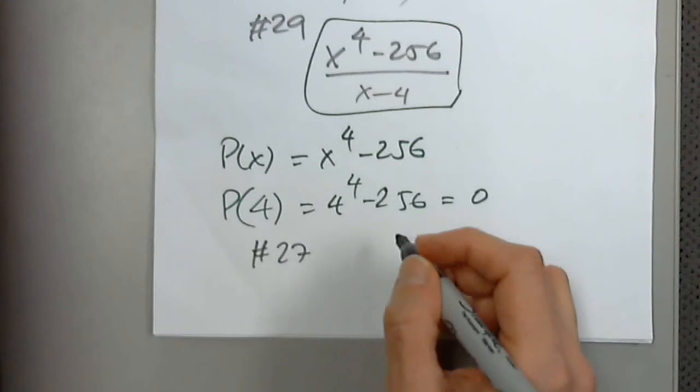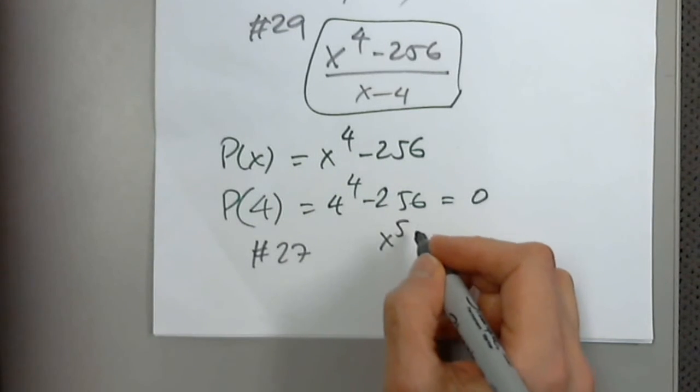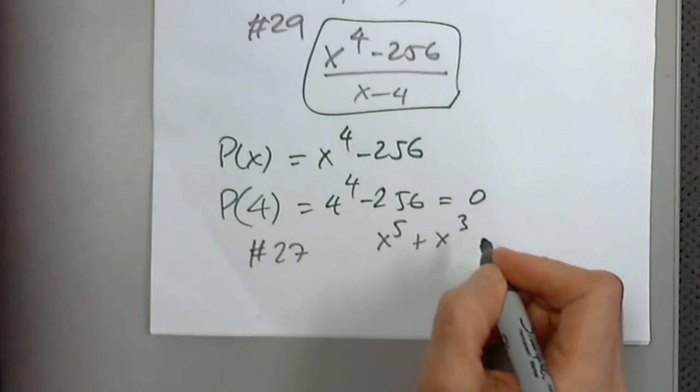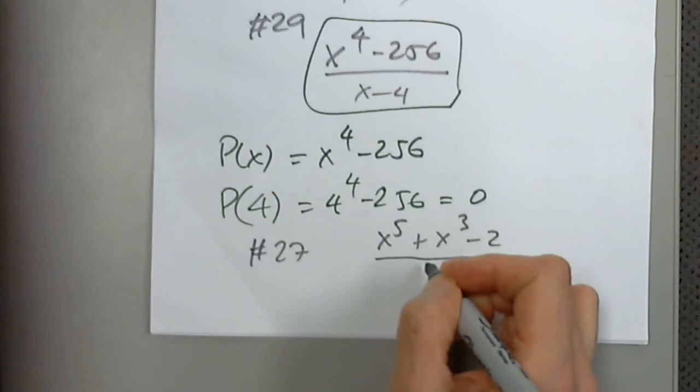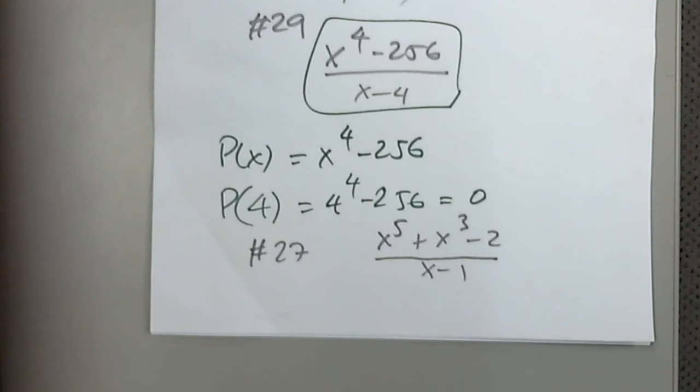27, in that case. So x to the fifth plus x cubed minus 2 divided by x minus 1. So here's the question. Can I apply synthetic division here? Yes.